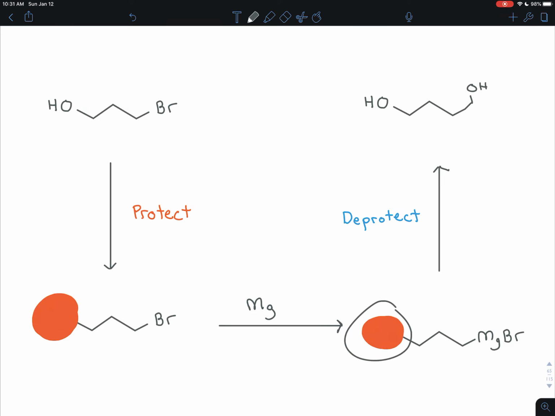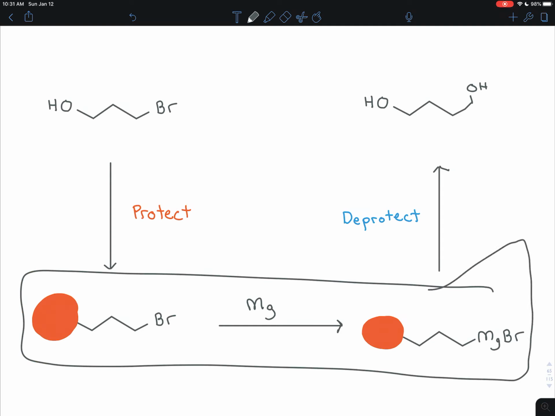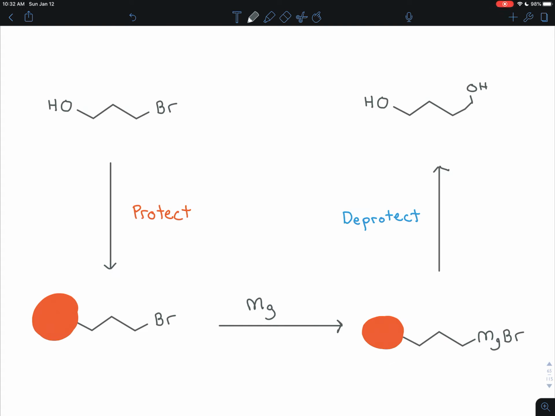You can take this off and get this OH back. So you're still doing the same reaction. You're still making the Grignard reagent and reacting it with an aldehyde or a ketone or a carboxylic acid or an ester. You're still doing that. But you have to protect that OH first and then deprotect it later so you get it back.